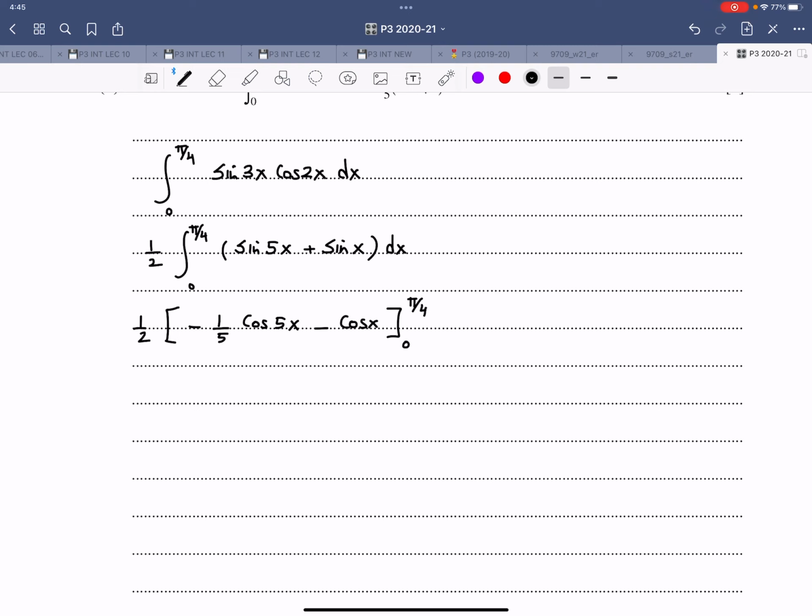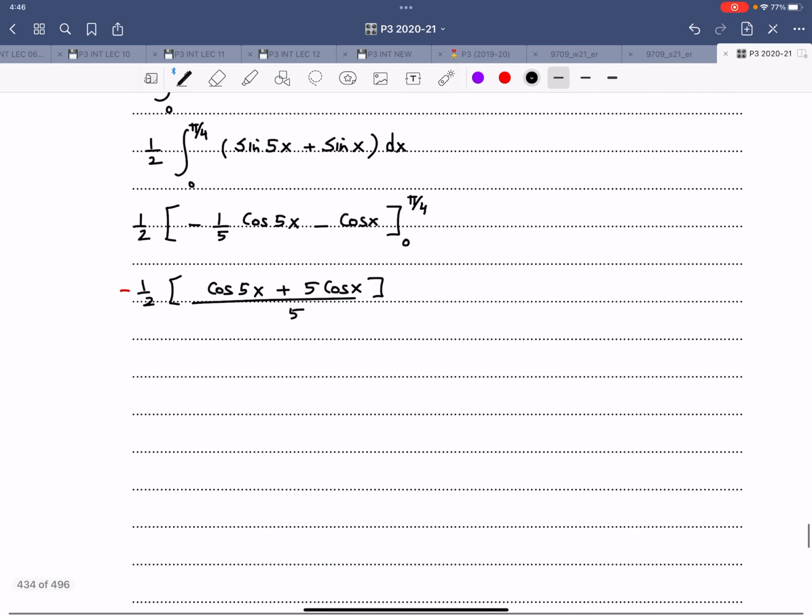First thing is, take the minus common out and take LCM. So therefore, if I take the minus common out, this is minus, and then there is a half, and after taking LCM, this is cosine of 5x plus 5 times cosine of x, and don't forget division by 5.